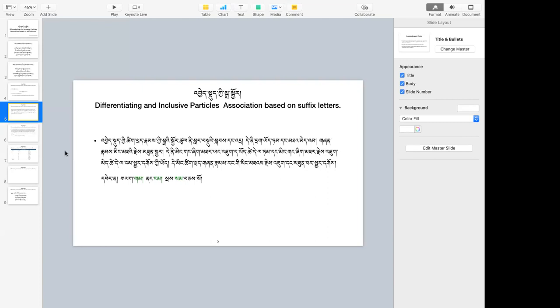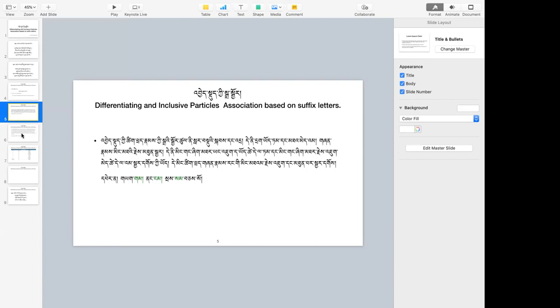The words such as "based on" are more inferential. It's not written there, but it's more of an inferential translation rather than a direct translation here. So the rules that it depends on or associates based on suffix letter are similar to the rules pertaining to the recompound particle.